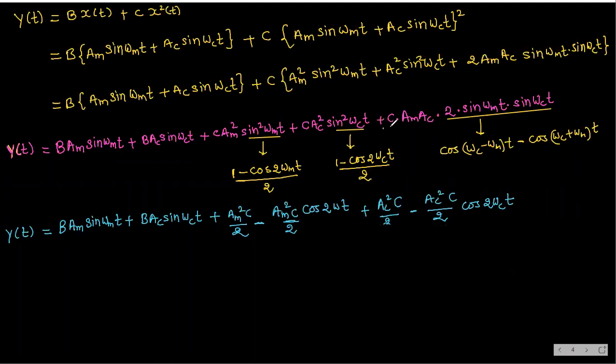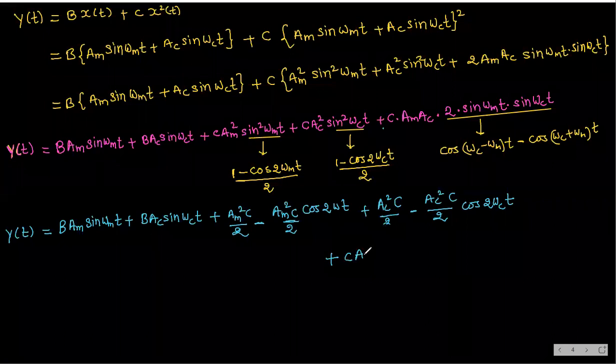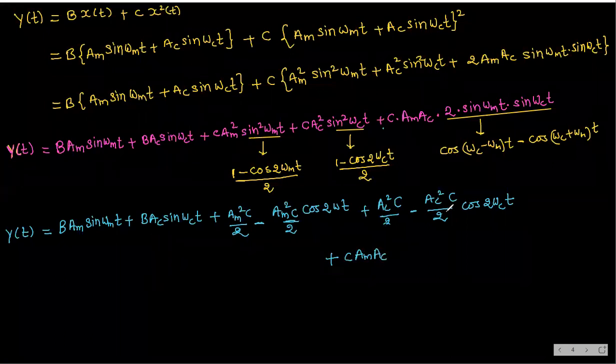After this part from here, I'm writing here plus C into AM AC cos (omega C minus omega M) into T minus C into AM AC cos (omega C plus omega M) into T.